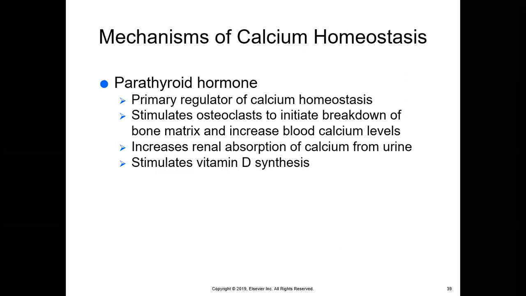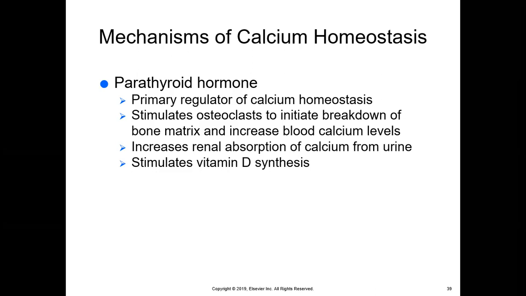In order to do that, it needs to stimulate osteoclasts to break down bone. Remember, osteoclasts break down bone. And so when it stimulates osteoclasts to break down bone, it increases the blood calcium levels. Then it stimulates vitamin D synthesis, and it keeps the urine from peeing out calcium.